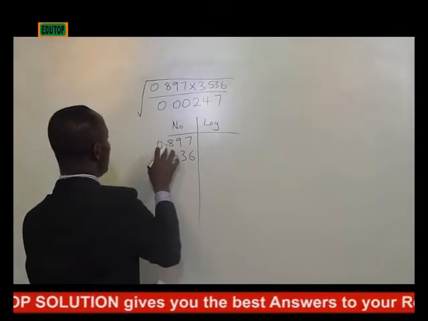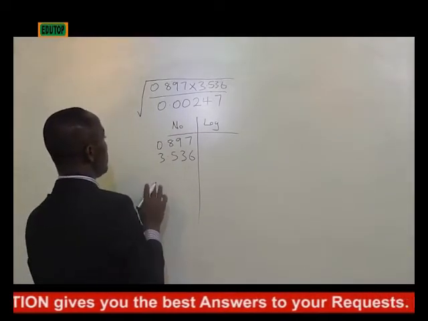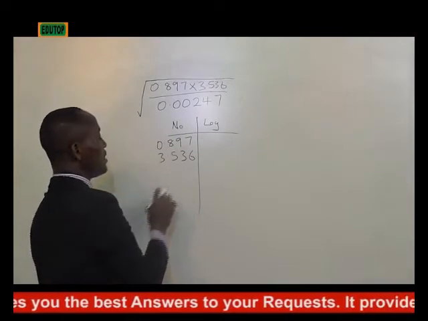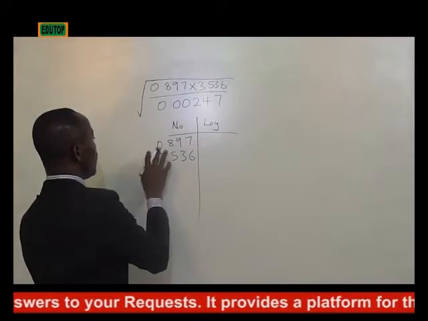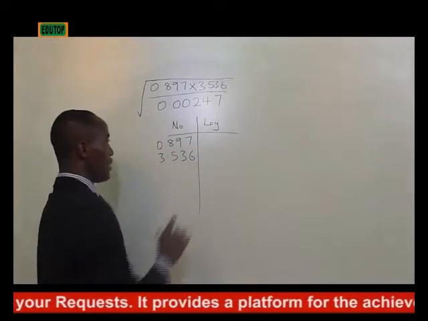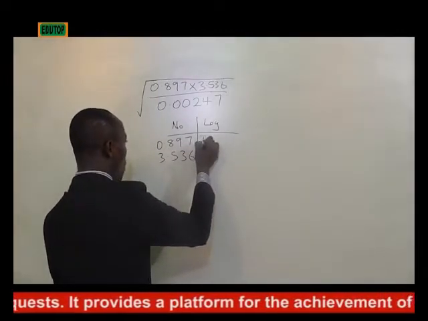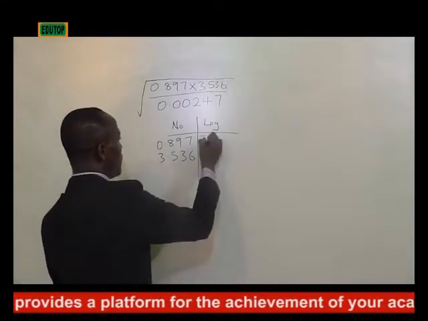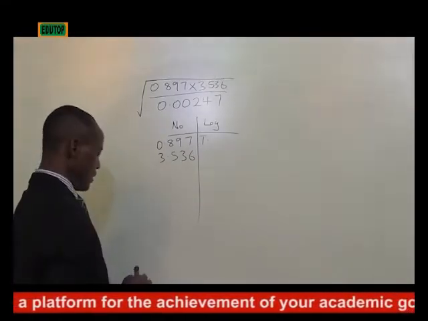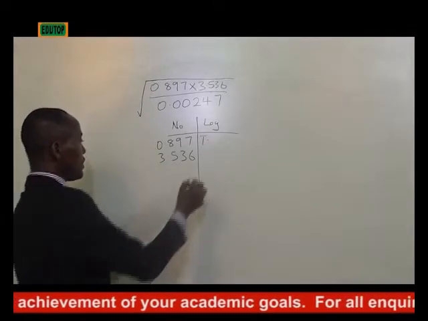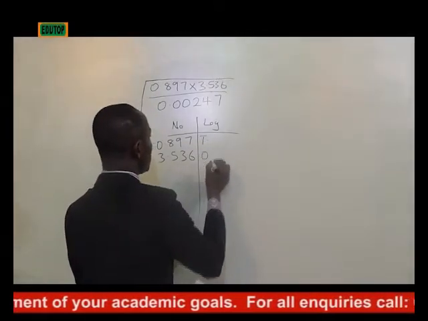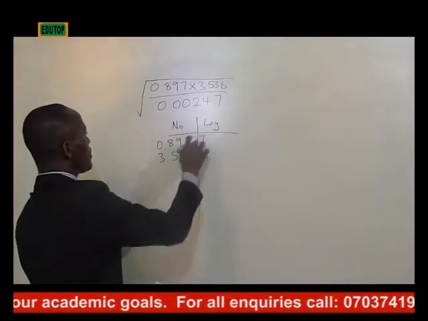Once you have a 0 before the decimal point, the number of zeros gives you the integer, and we only have 1 zero here, so that's minus 1, which is the same as bar 1. Then here we only have 1 integer, and 1 minus 1 gives us 0.